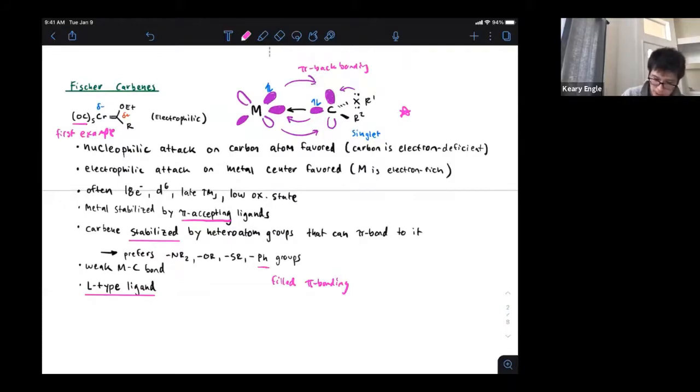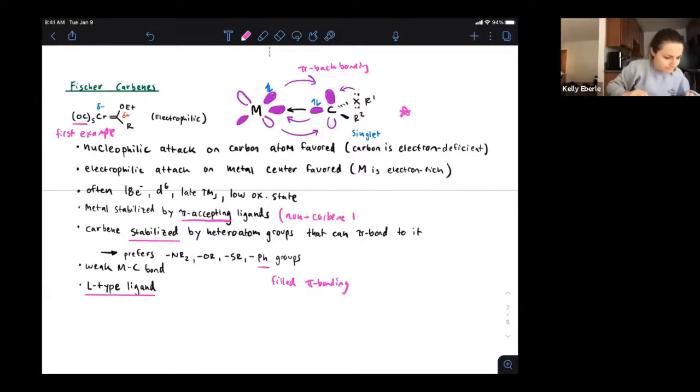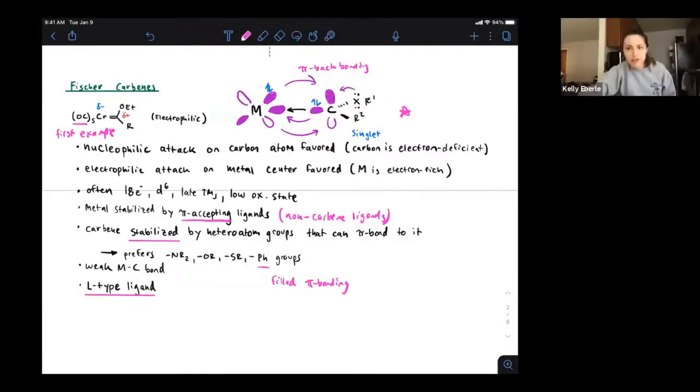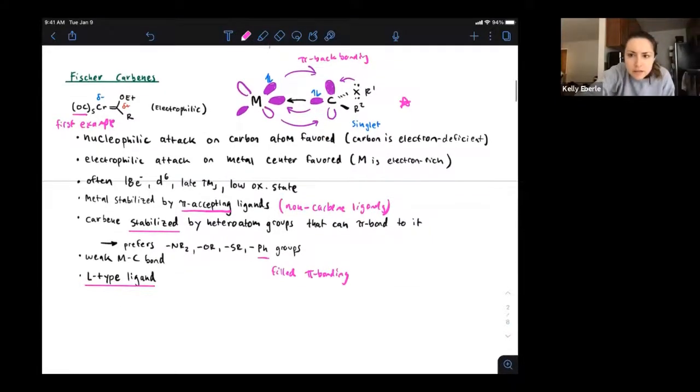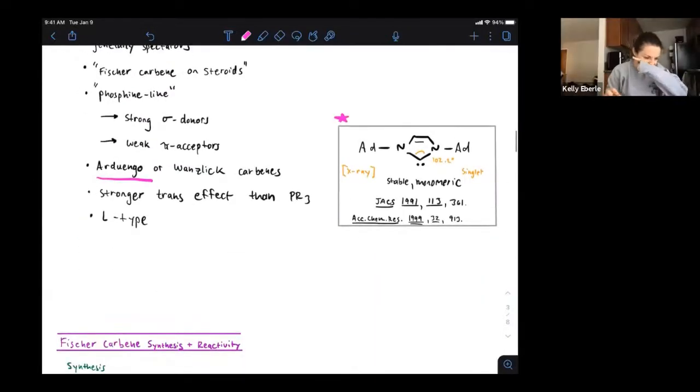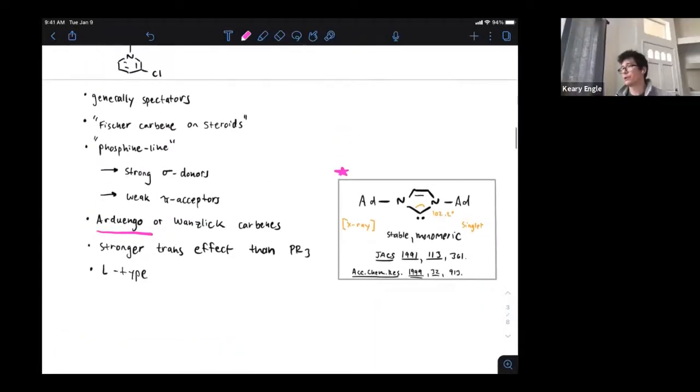When I was talking about pi accepting ligands, I was referring to the non-carbene ligands. In this archetypal case, the COs are strong pi acceptors. Those are not part of the carbene system. So I was talking about the other supporting ligands. Okay, thanks, Kelly. It's a good question. Any other questions?